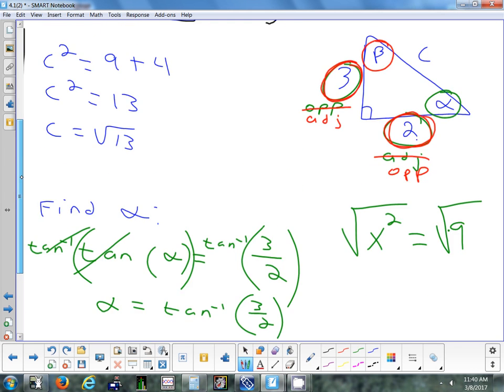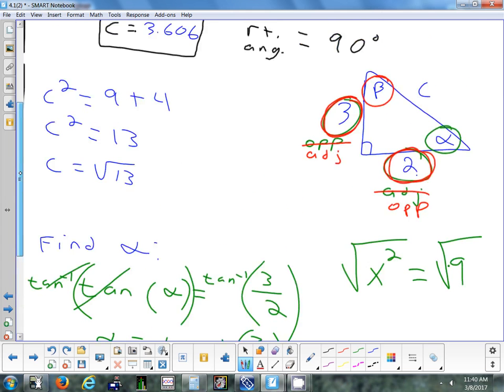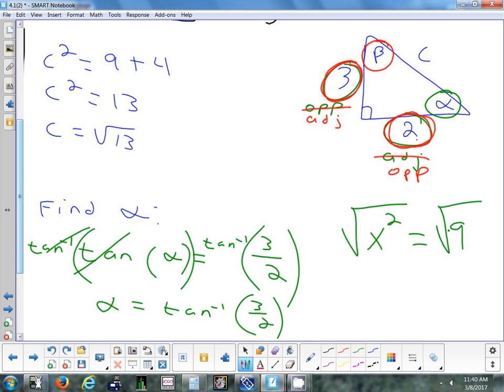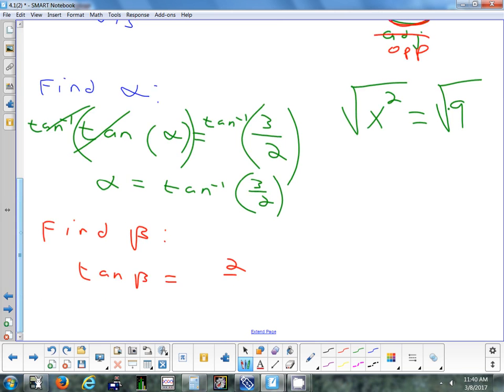Okay, so to find beta, it's going to be tangent of beta equals opposite over adjacent. But now the opposite and adjacent have switched places. So it's going to be 2 over 3, okay, 2/3. Yeah, I have to do the same thing I did in the last problem. I've got to get rid of the tangent function with another function that cancels it out.